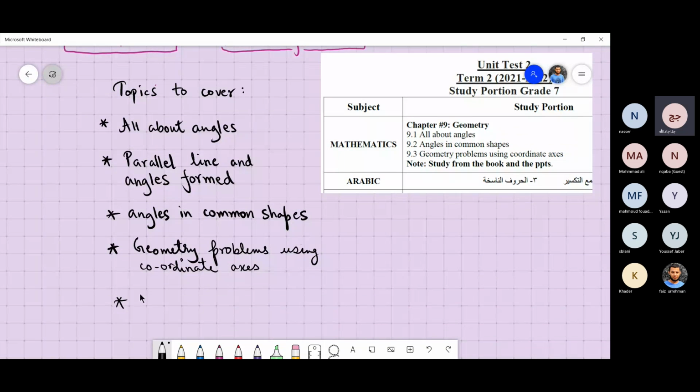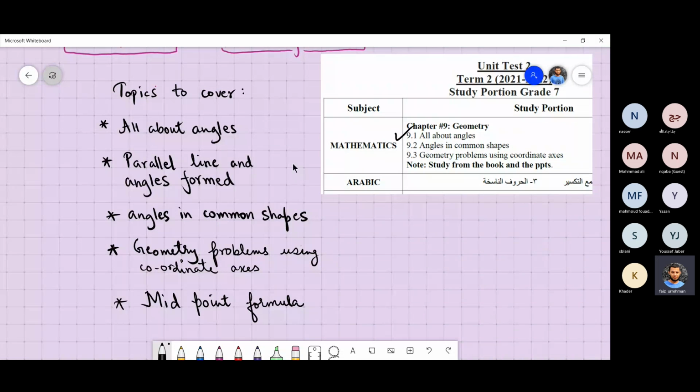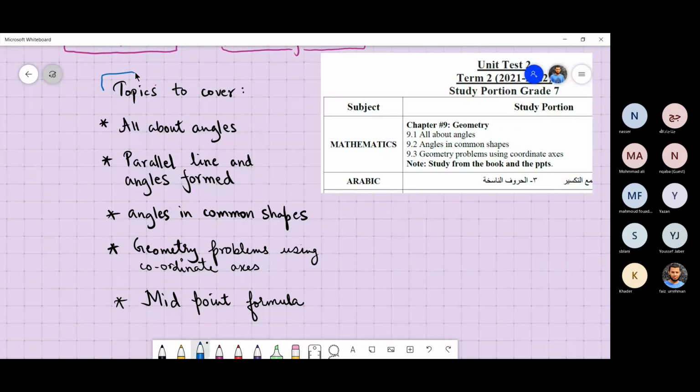Midpoint formula. So these are the in-detail topics, because 9.1, 9.2, 9.3 is there, but inside them these topics are covered. So we have to focus on these topics.